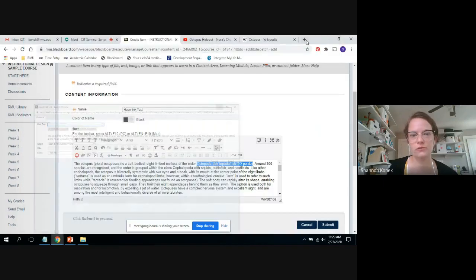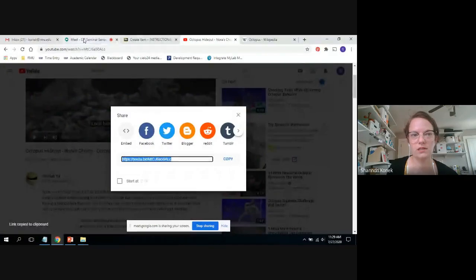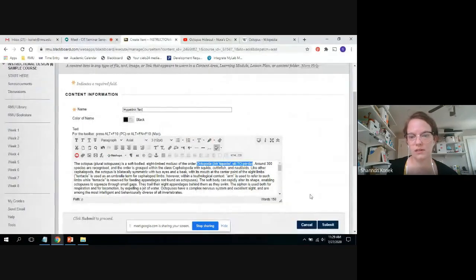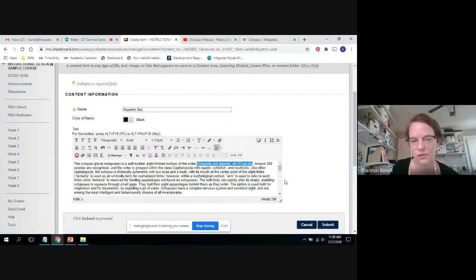So I'm going to copy, and then I'm going to click on this little hyperlink. And here's a note. If you go in here and you don't see all these menu options, like you might just see an abbreviated version of them, you just click this little down arrow to get all of them.